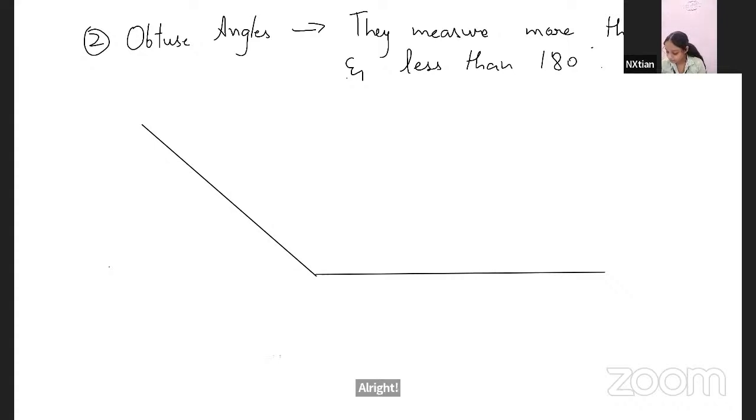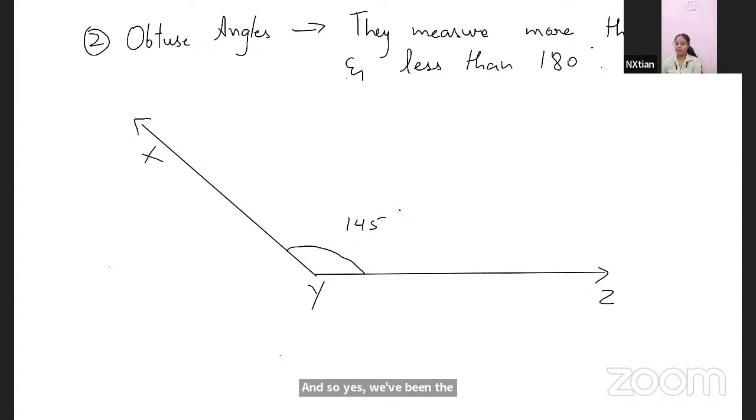Then let's name it X. The name of the angle will be XYZ. XYZ is an obtuse angle that is more than 90 but less than 180. If I draw the line of 90 in this angle, it will be from here. This is the line of 90.